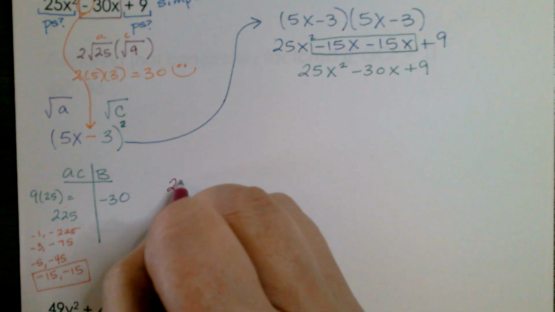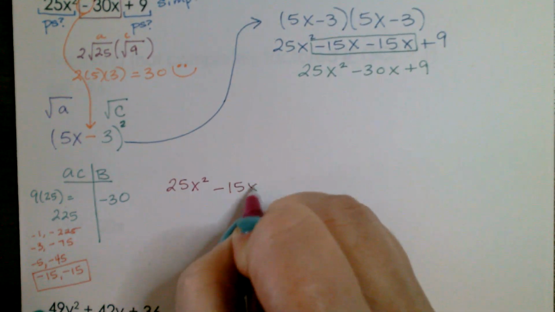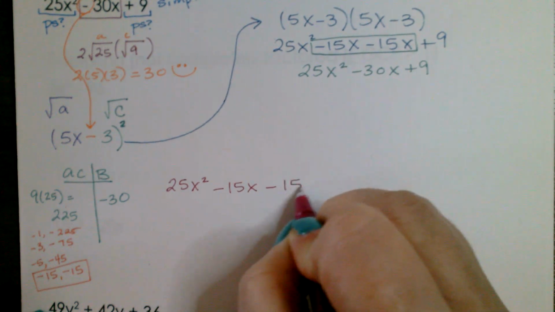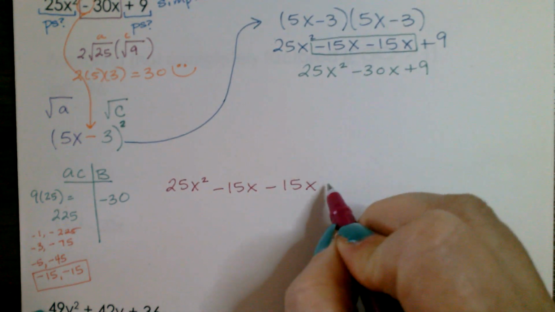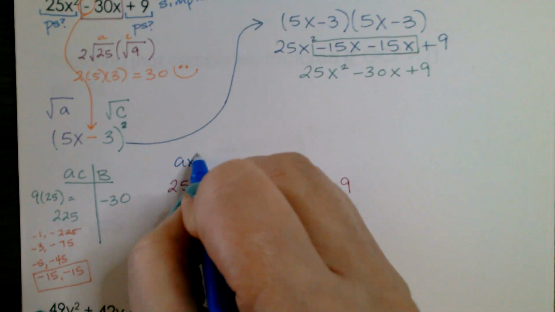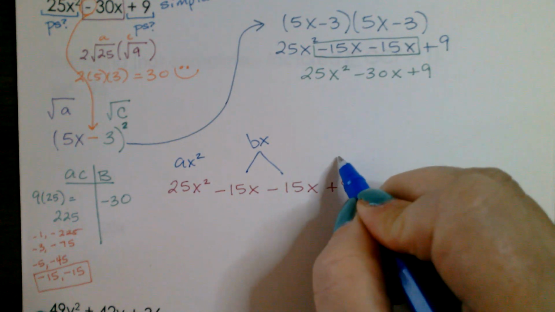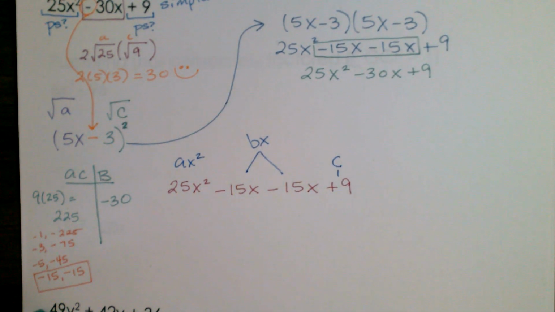So I would have 25x squared minus 15x minus 15x plus 9. Remember, this is your A term. These two together make the B, and that is your C.